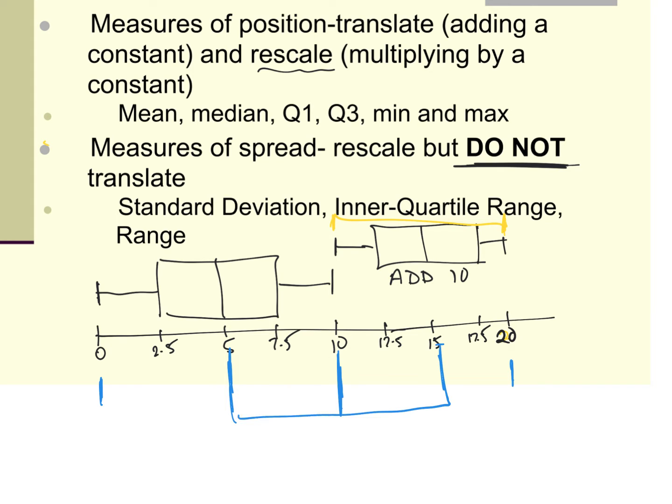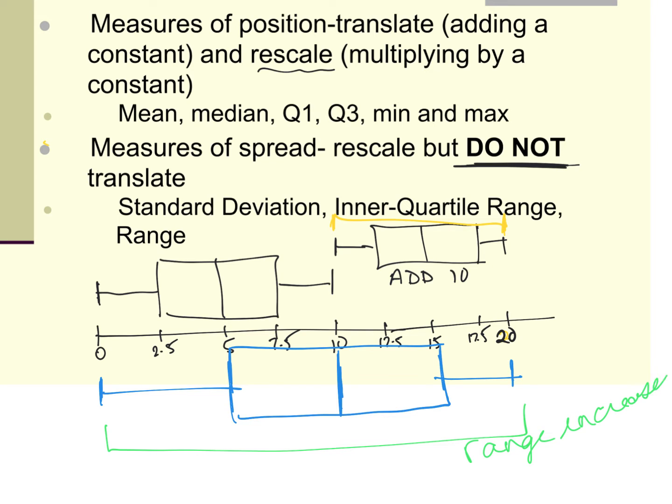If I multiply all of the data points by 2, I've now increased my range by 2, and I've increased my IQR by 2. It went from 5 to 10 now. And so the measures of spread are affected by multiplying or dividing.